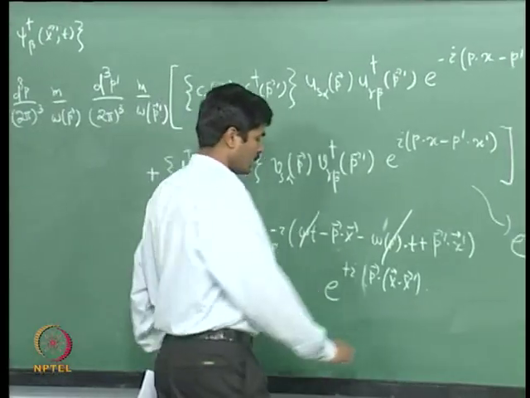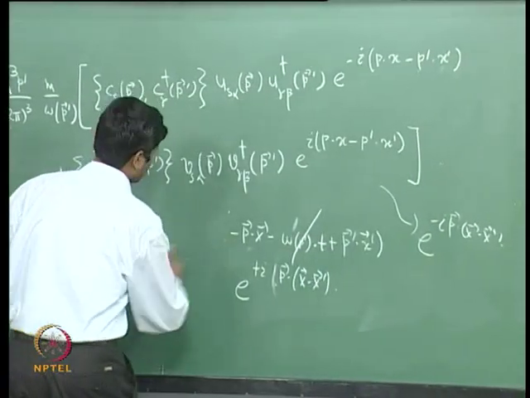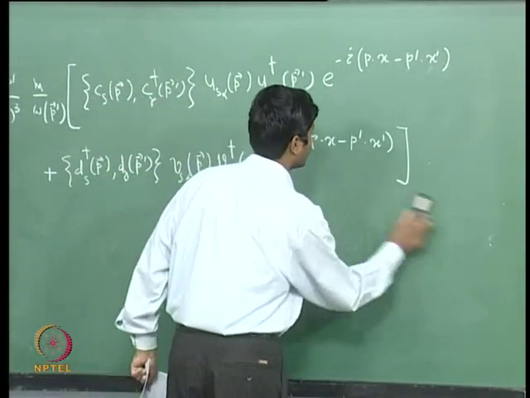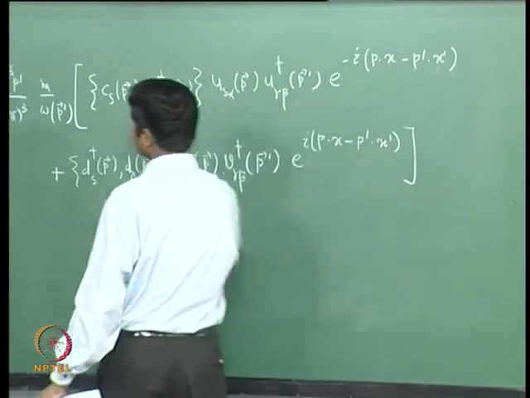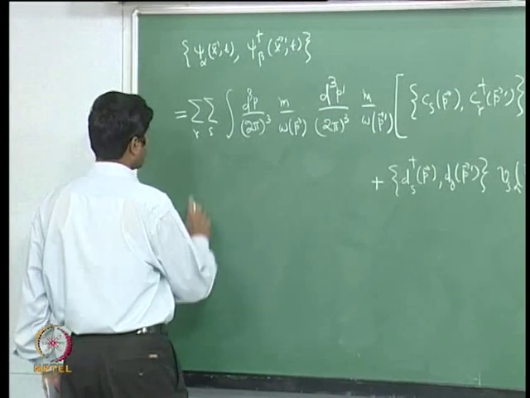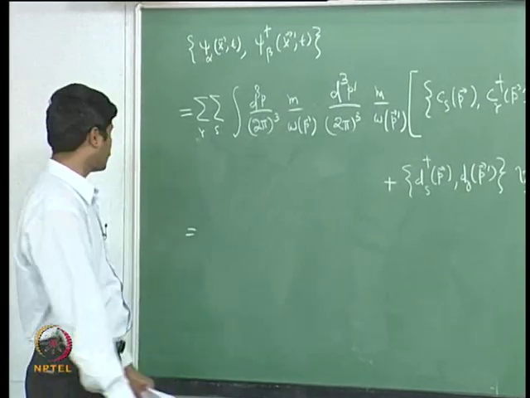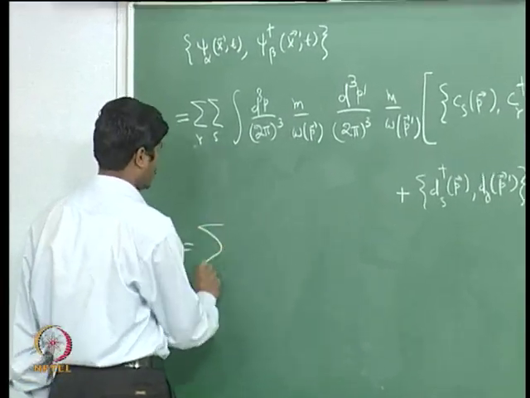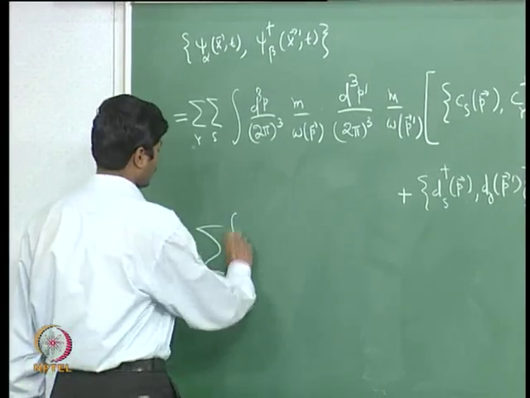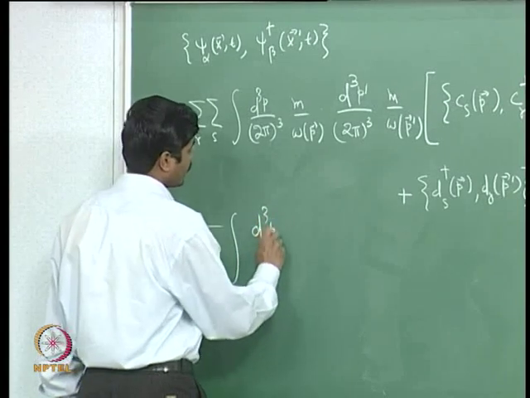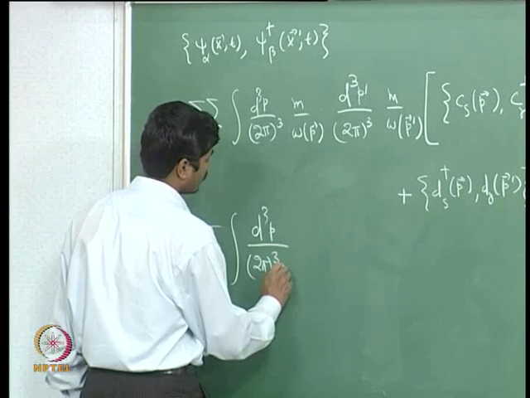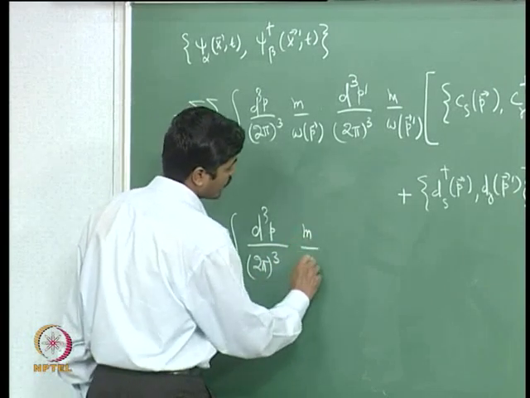So, let's carry out the computation. This sum over R will go away because of the Kronecker delta. So, you will have only the sum over S and then the integration of d3p over 2 pi cubed, m over omega of p.